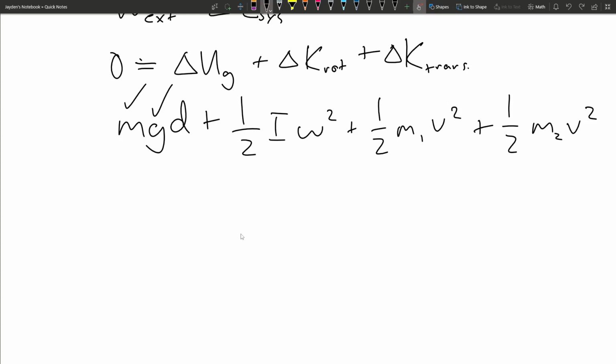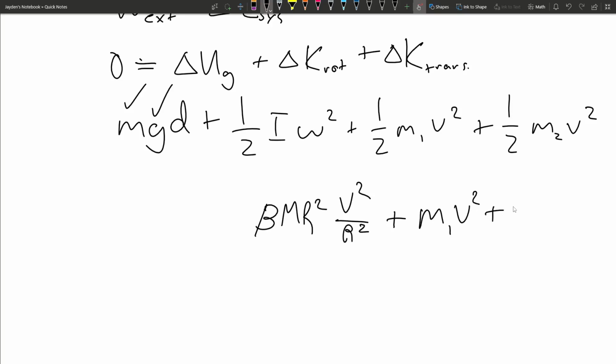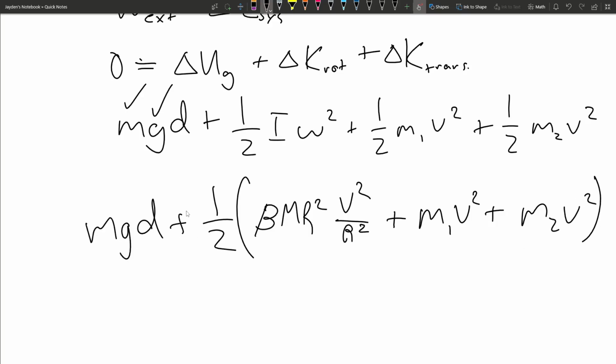So first of all, we can just say I is equal to beta MR squared. This is equal to v squared over r squared plus m1 v squared plus m2 v squared, and we can just factor out a 1/2 because all three of them have 1/2, and then mgd.